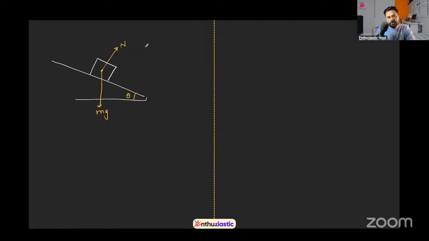And because this object is sliding down, the friction force should act in the backward direction. You want to calculate friction force, Fk, which would be equal to mu k times normal force. The question is, what would be the normal force? That is your homework. You have to identify the normal force and comment it down, and I'll answer this in the next session. So, find the normal force.